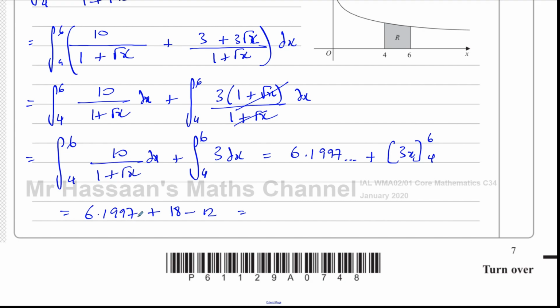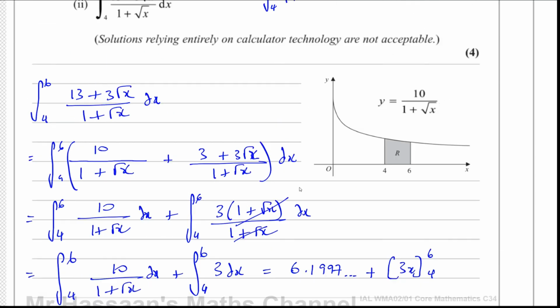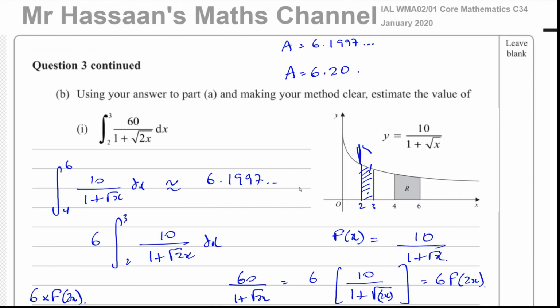So it's 6.1997 plus 6, which is 12.1997, which gives you 12.2, or 12.20 square units. So there's the answer to part 2 of this question. That finishes part B, and that concludes this question.